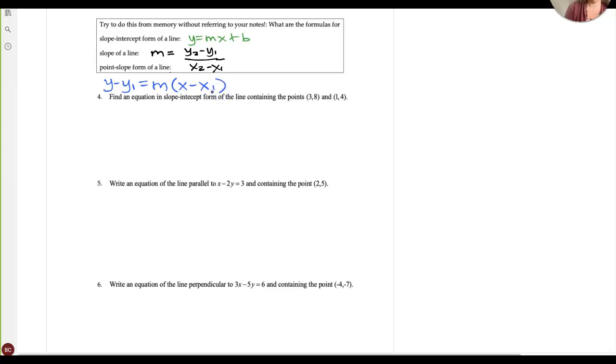Perfect. Okay, just like that. And so when it asks you to write an equation of a line, that's when you want to use this. So I'm going to put that over here, an equation. Because sometimes people get confused about how to do that.